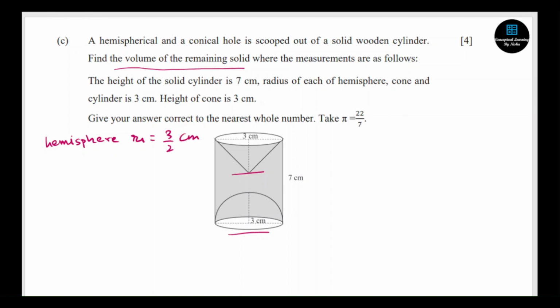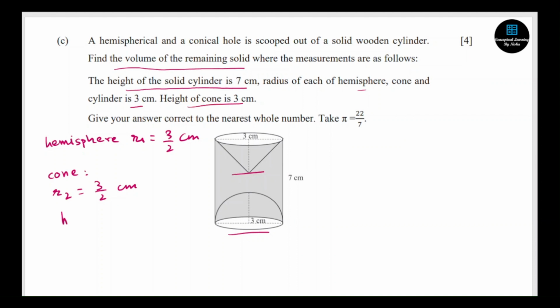centimeter. Now for cone, first of all I'll just write for cone. So cone radius I'll take r2, which is nothing but again 3 upon 2 centimeter. The height, right? So what they have given, the height of the solid cylinder is 7 centimeter and the radius of hemisphere cone is 3 centimeter, height of cone is 3 centimeter.